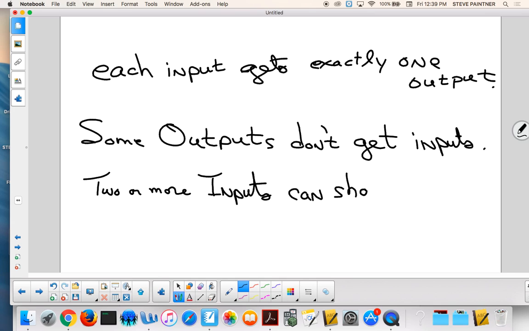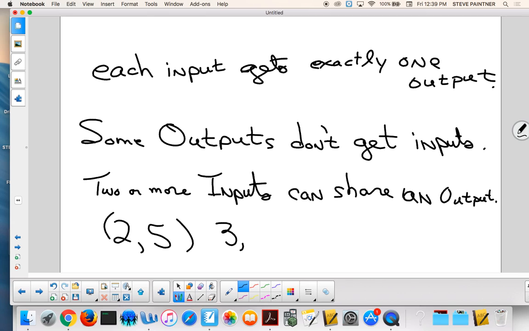Can share an output. Yeah. Okay, so what that means to you, I hope, is 2 could get 5, 3 could get 5, 5 could get 5. So the y value can show up many, many times, right?